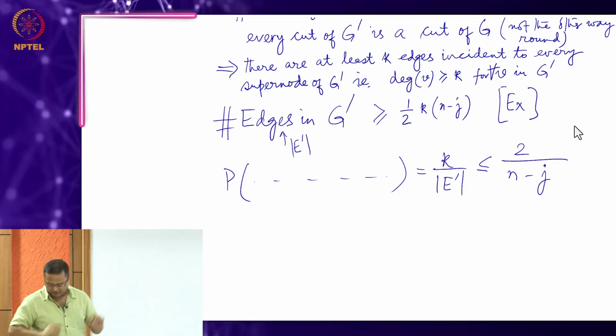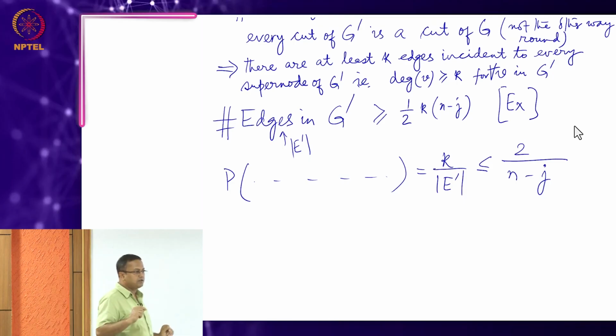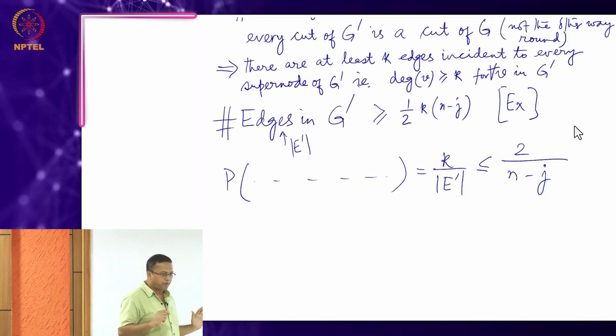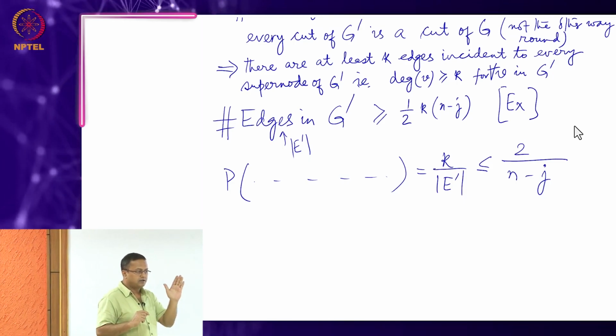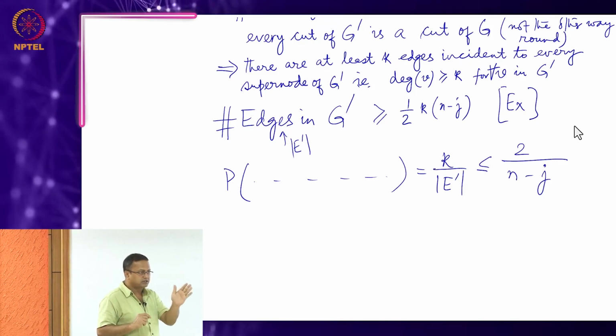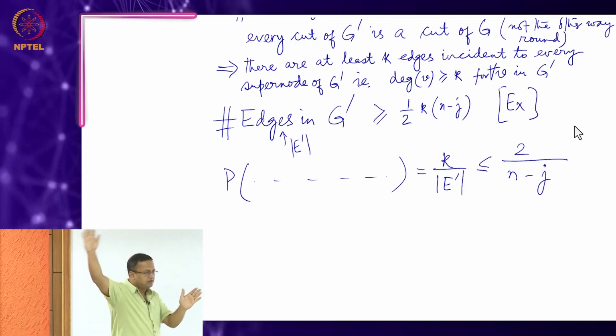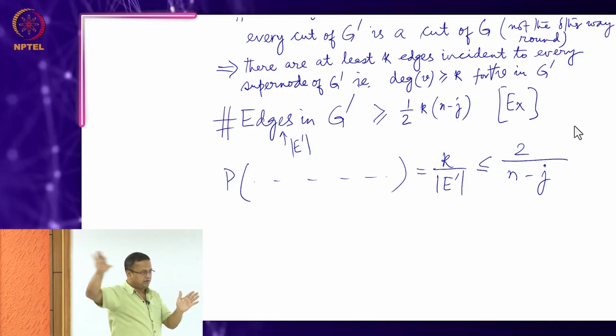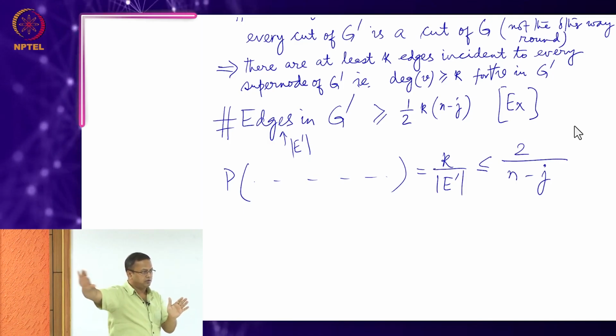Right. So I am not writing the big thing. So what should be in here? That probability that a cut edge was not touched at the jth iteration, given that the cut is still there. There was no disturbance till now.